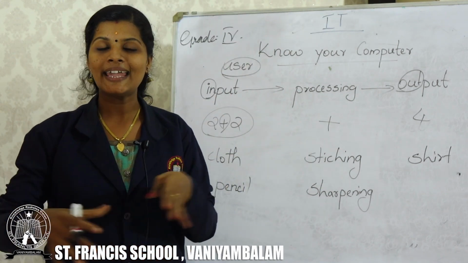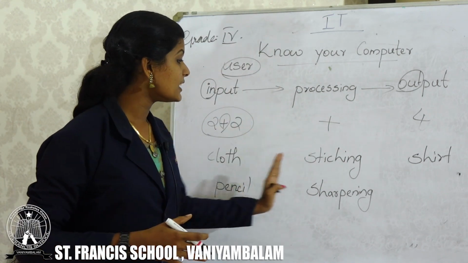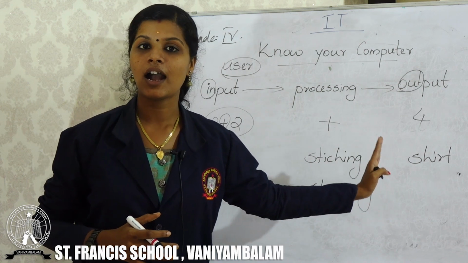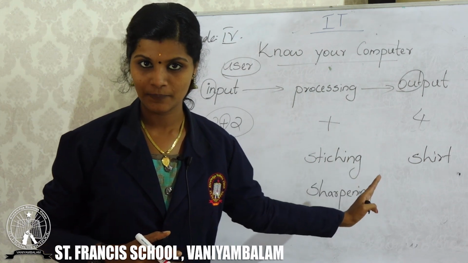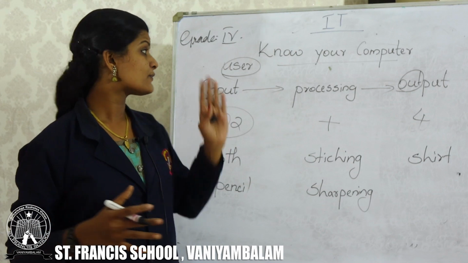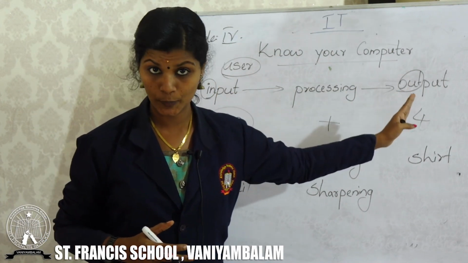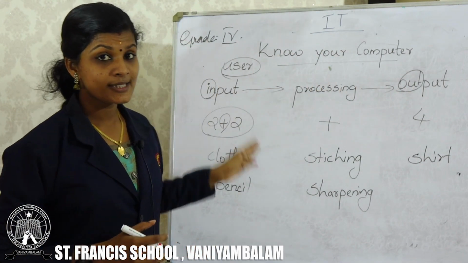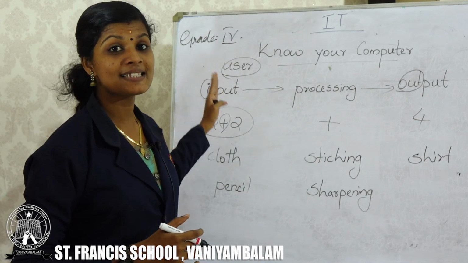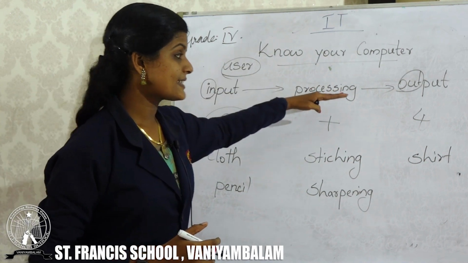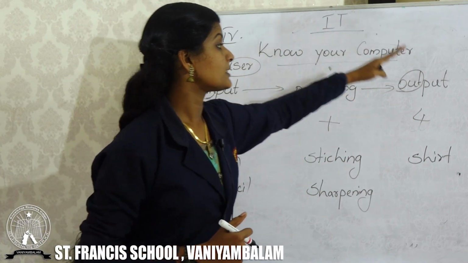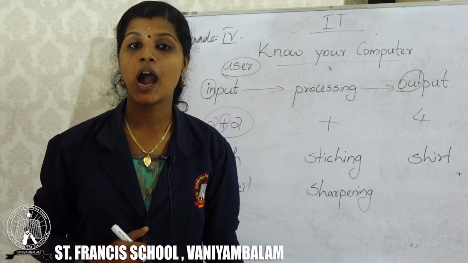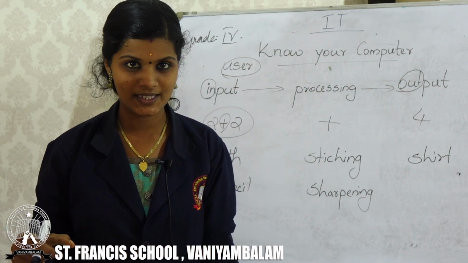So in every field, these 3 steps are very important. There are so many examples for input, processing and output. In the case of a computer, the first step is input, the second step is processing and the third step is what? Output.